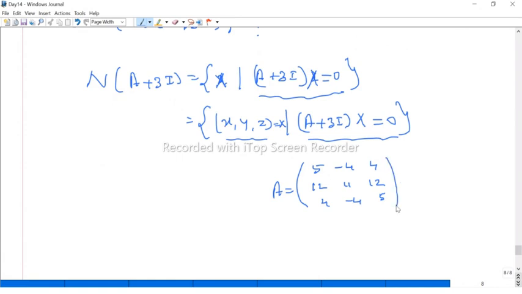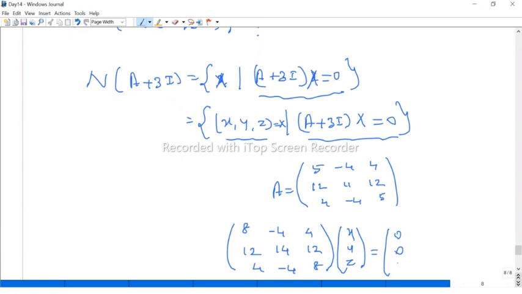This is A. Now what is A plus 3I? Directly writing: 8, minus 4, 4; 12, 14, 12; 4, minus 4, 8, into X, which is x, y, z, equal to 0, 0, 0.